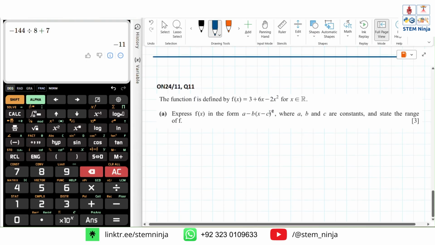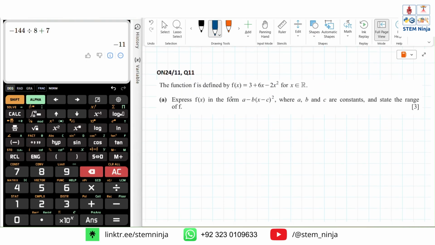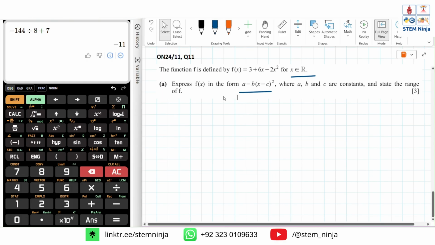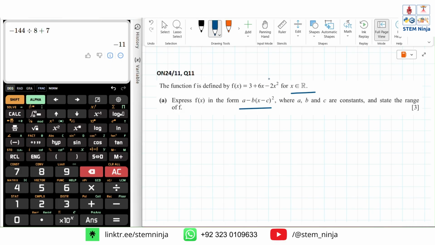Let's see this one. The function f is defined by f of x equals 3 plus 6x minus 2x squared for x belonging to the real number set, that means all values in the real number set. Express f of x in the form where a, b, c are constants and state the range of f. The range will be decided by the vertex. We are already familiar that when the coefficient of x squared is negative, the graph is like this.